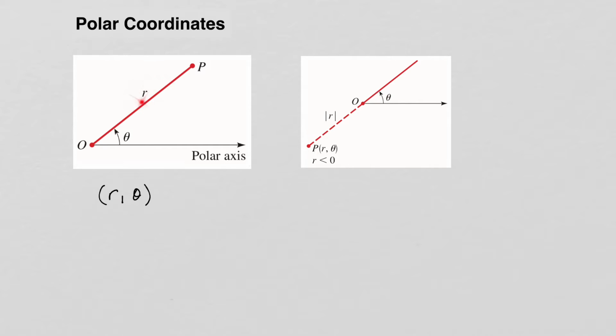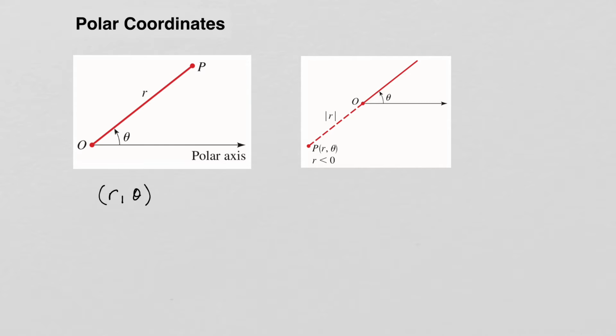Also, this value r is the distance, but it's not always going to be a positive number. So for example, we do allow for r to be negative, and in the case where r is negative and you have some angle theta, you would rotate through that angle theta, and then if r is negative, you go in the opposite direction from that angle theta.